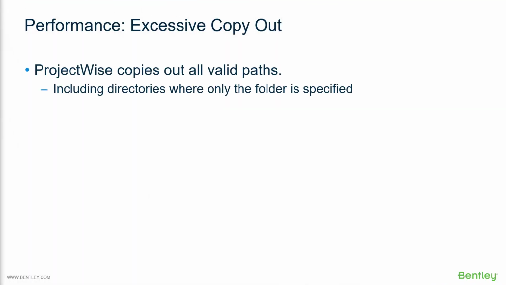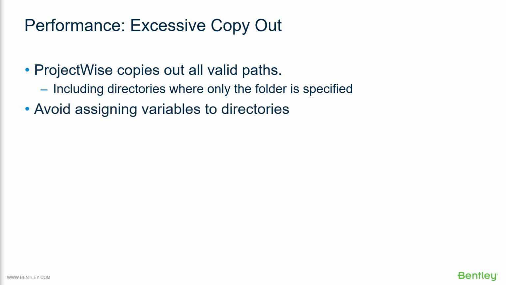As mentioned in an earlier lesson, if ProjectWise Explorer resolves a variable path to a valid location, it will copy out the files to the DMS folder. If specific files or wildcards are defined, only those files will be copied out. If a variable points to a root folder, all the contents of the folder will be copied out.